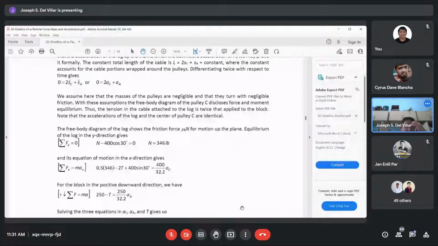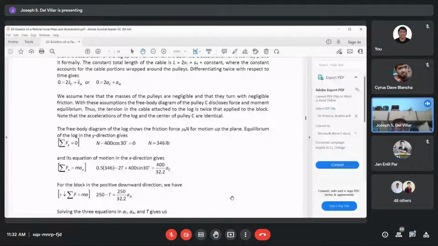Apply your stock knowledge in algebra. It's like x plus y equals 10, x minus y equals negative 5. Two equations in two unknowns. We can solve them by substitution, by matrix, or by elimination if you want.